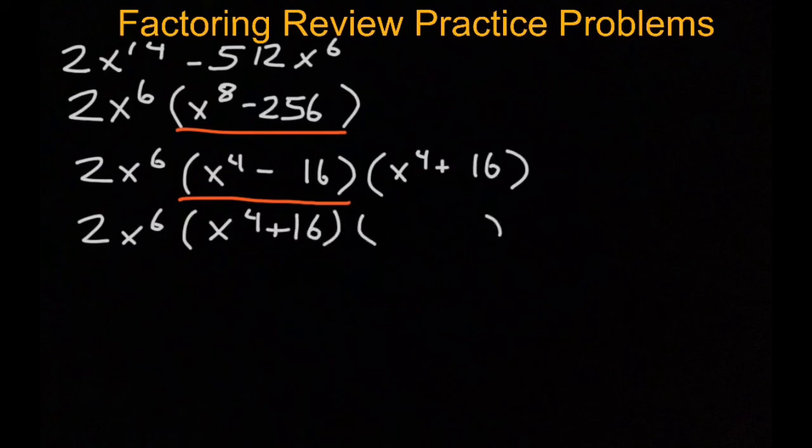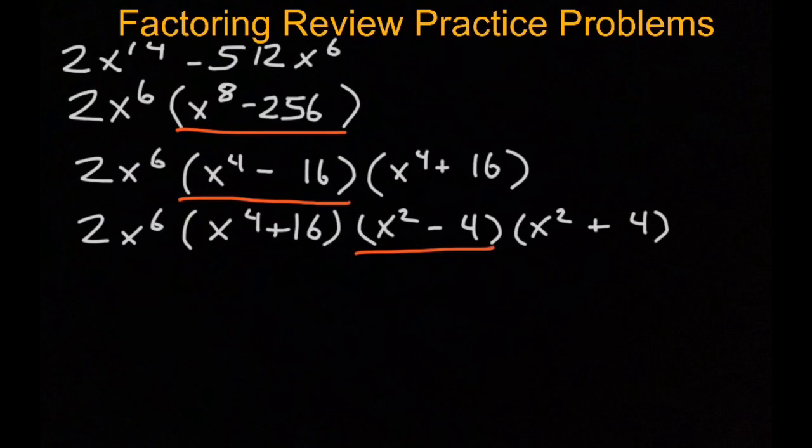and let's use the difference of squares to factor this part even further. So x to the power of 4 square rooted is x squared, and 16 square rooted is simply 4. And we'll have a negative sign and a positive sign in each of the brackets. So as you can see, we can factor this one even further.